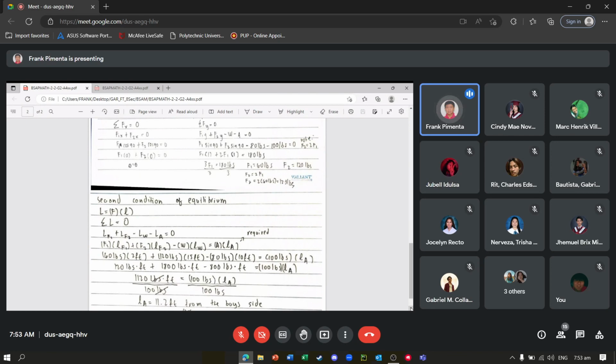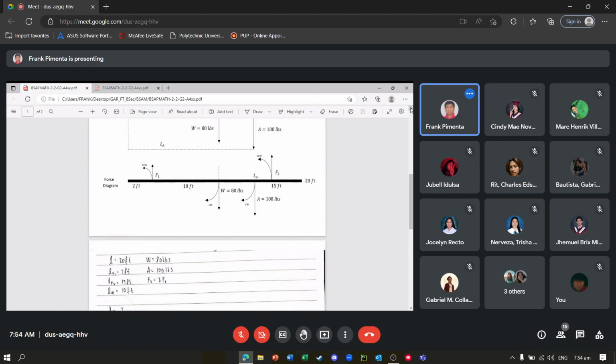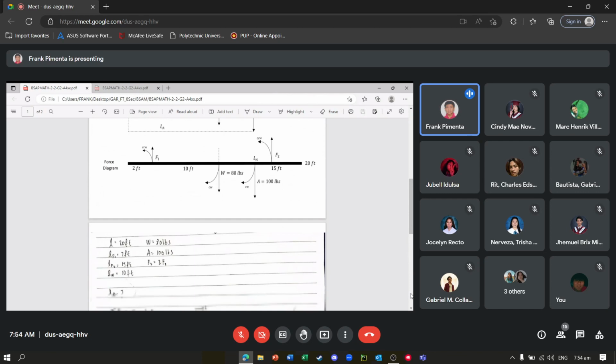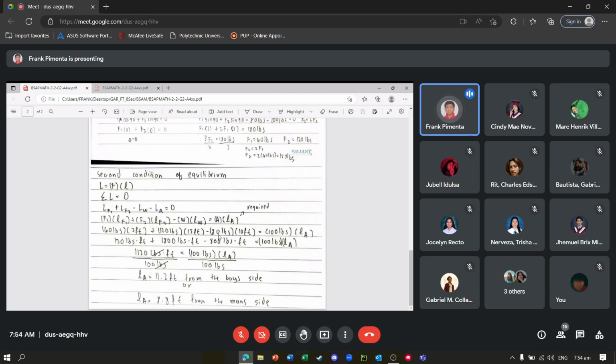I asked the members of group 2, anong point ang ginamit nyo rito? Wala yung leader ninyo. How about the weight? Yung 80 pounds, saan ba binasa yung 80 pounds na yan? Then yung 80, ito, 80 times 10 feet.